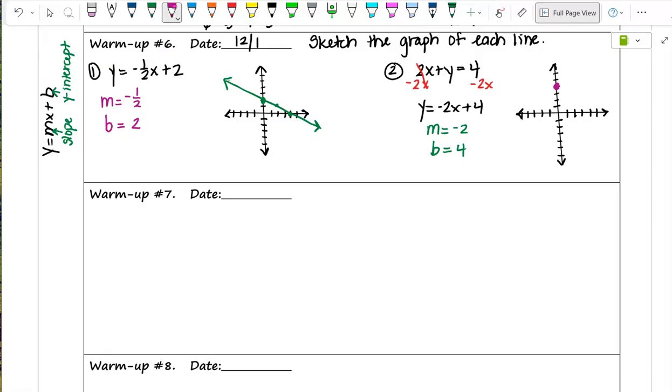Negative 2 tells me to go down 2, 1 to the right. And again, I can use my straight edge to connect my points.